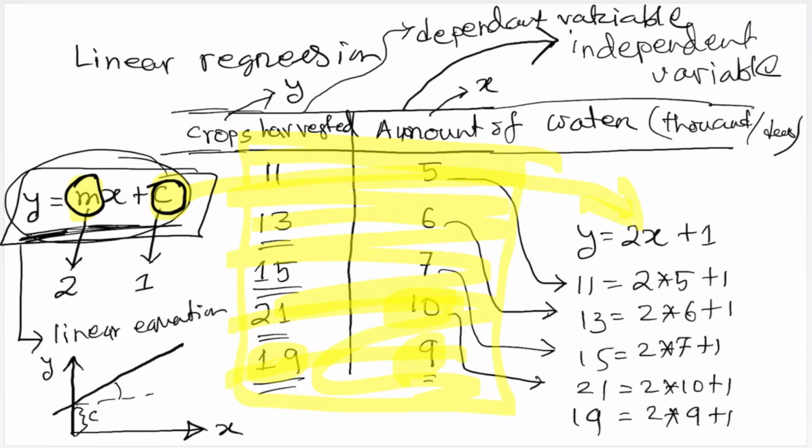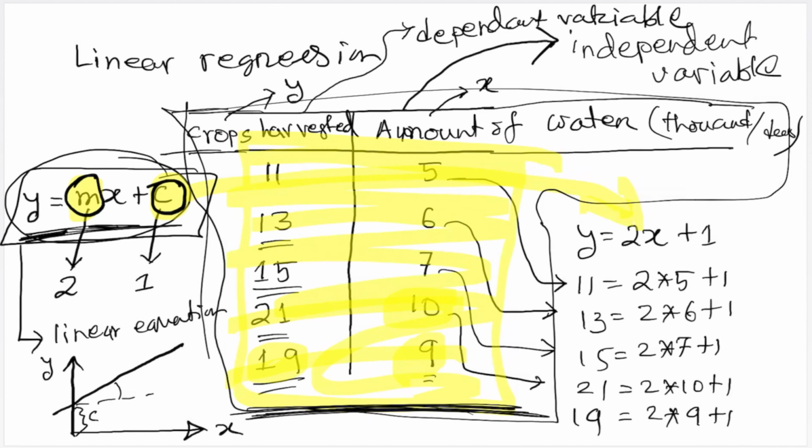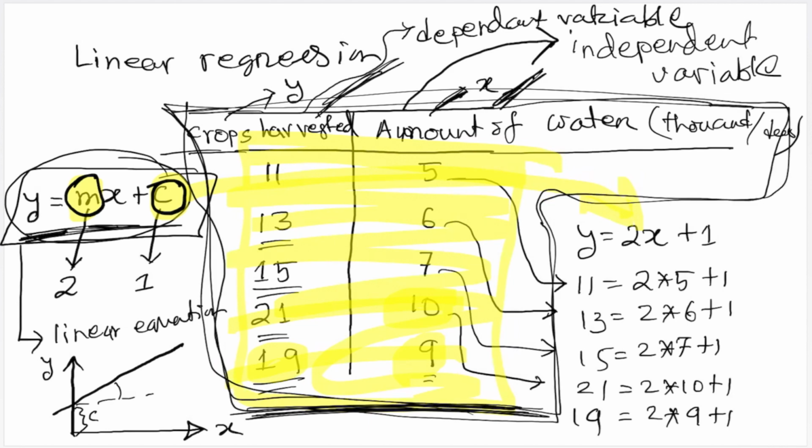Well, the independent variable depends on the money the farmer can spend, but that amount of money is not present in this particular table. As a result, we have to consider that based on this particular table, this second column is the independent variable and this first column is the dependent variable.